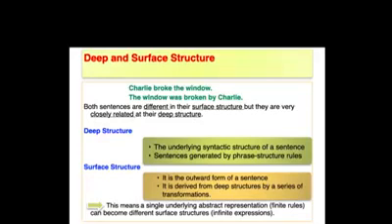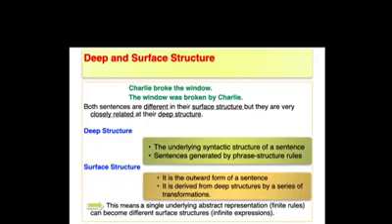If you have a look, for example, at the two examples on the top here, we have "Charlie broke the window," and the second sentence is "The window was broken by Charlie." These sentences are different in their surface structure.